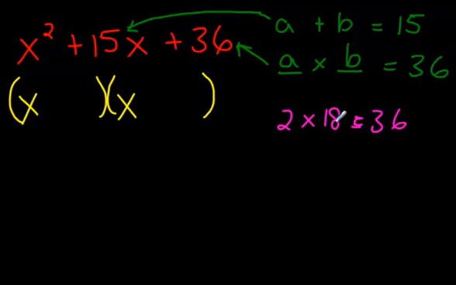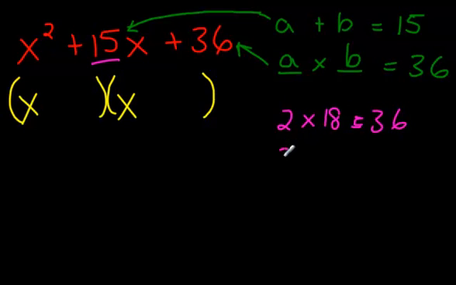But with these numbers, if you added them up, is 2 plus 18 equal to 15? It's not. You don't have to stick with plus either. What about 18 minus 2? Well, that's 16. We're trying to come up with 15 when you add or subtract, so 2 and 18 are just not going to work.